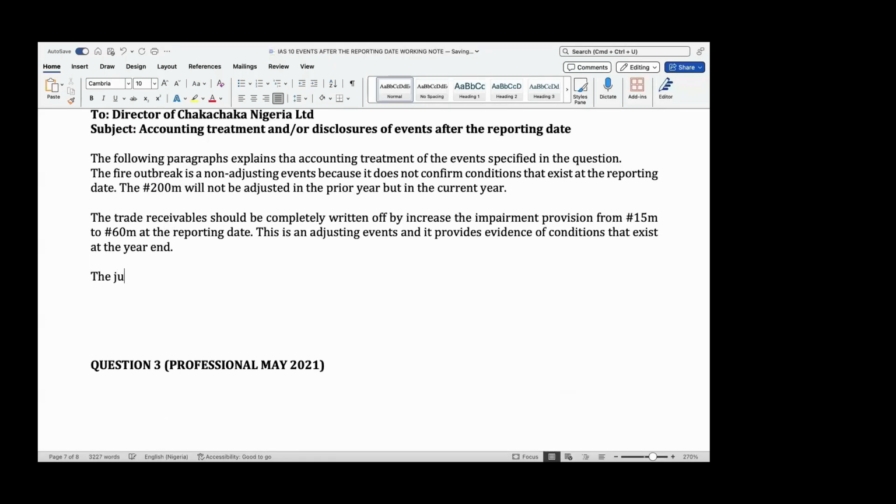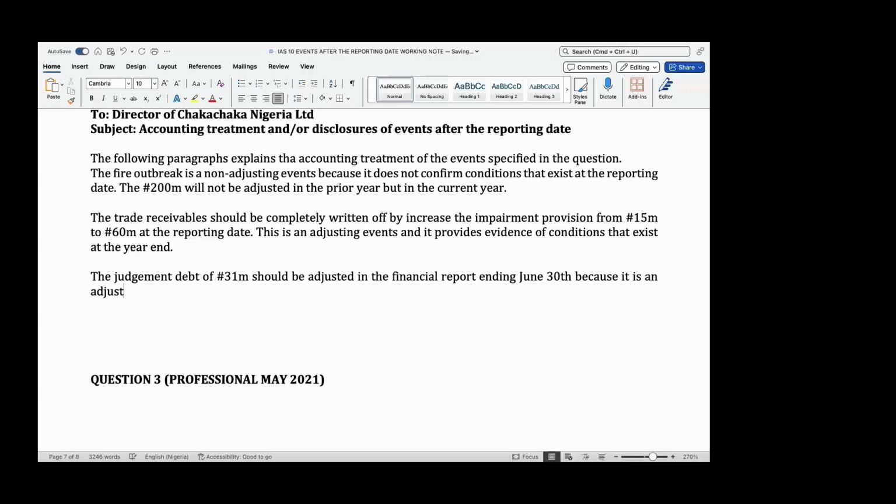So the judgment debt of 31 million should be adjusted in the financial reports ending June 30th, because it is an adjusting event.